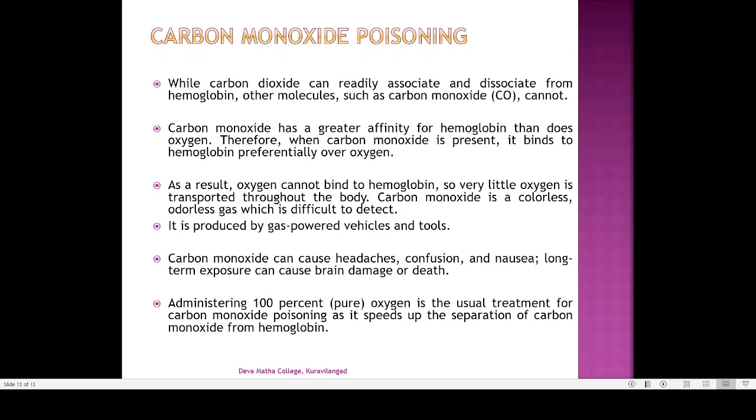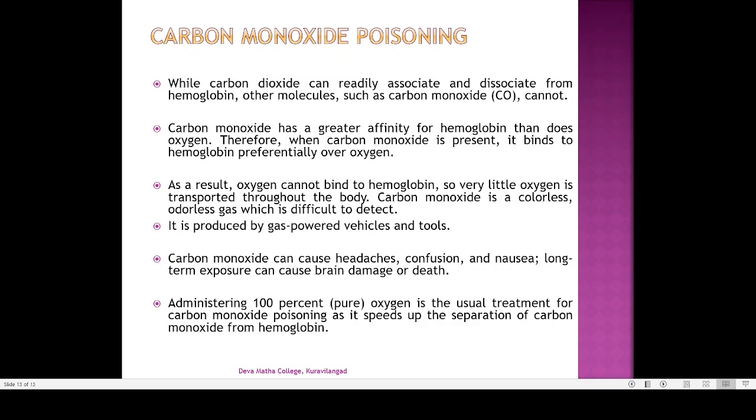The problem with carbon monoxide is that it is very difficult to detect. It is a colorless, odorless gas, so there is no color and no smell. It is produced by gas-powered vehicles and tools. For example, the exhaust coming out of a bus or a lorry contains a lot of carbon monoxide.